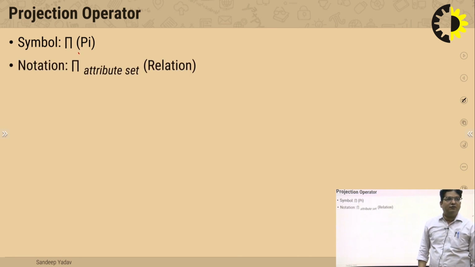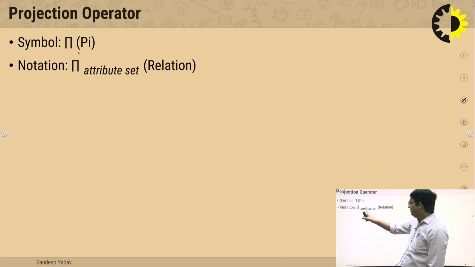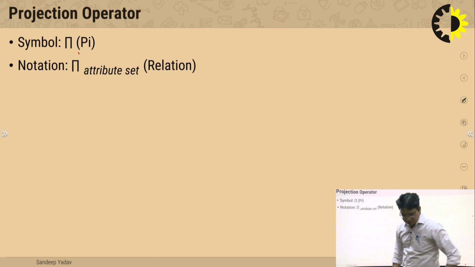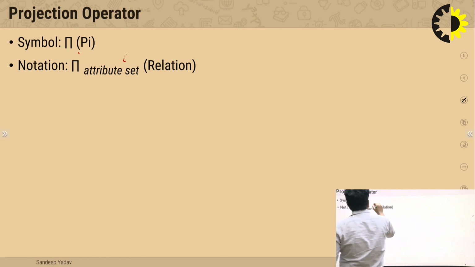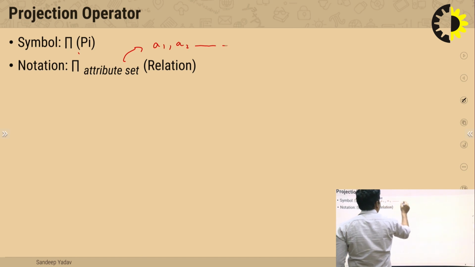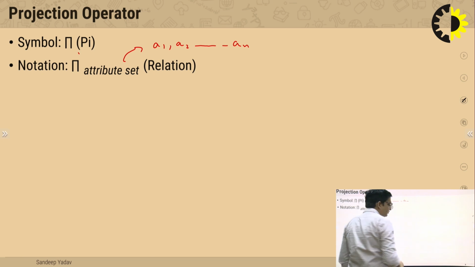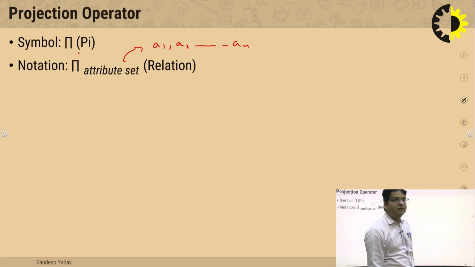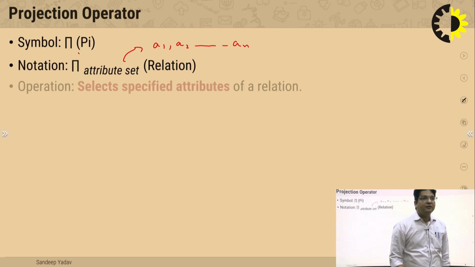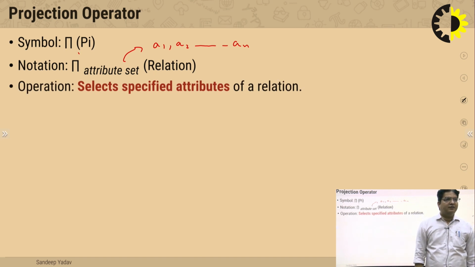Thereafter the notation is pi, then we have to write down the attributes. Now the attributes can be n in number, right? There may be n number of attributes, A1, A2 up to AN. How many attributes we want to display? We can write those many attributes here. That is, this operation works in this manner.